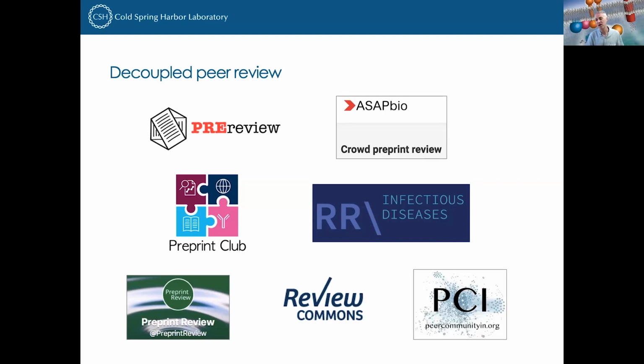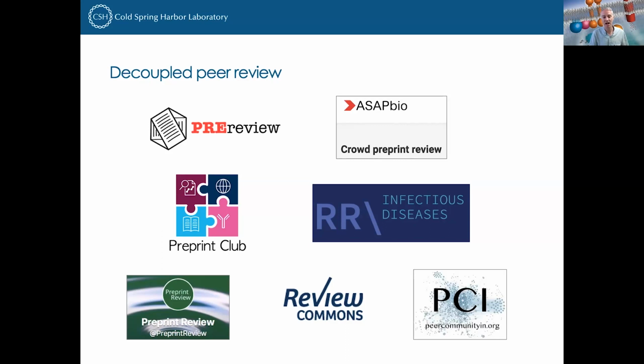ASAP Bio have been running an experiment on crowd preprint review, where many eyes are put on preprints to allow peer review to occur as a result of far more than the traditional 2 or 3 people that normally do it for a journal. During the pandemic, groups at Sinai and MIT initiated rapid task forces to peer review preprints on COVID-19. These have since expanded into areas beyond just COVID-19.